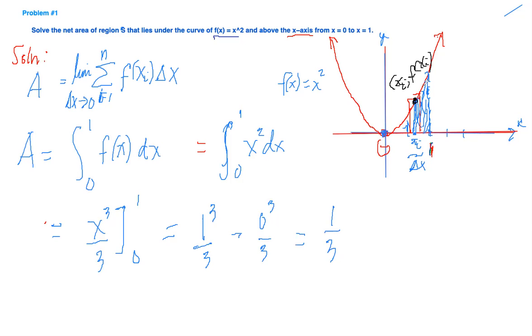So the area of the region bounded by the function f of x from 0 to 1 is equal to 1/3. This is our final answer.